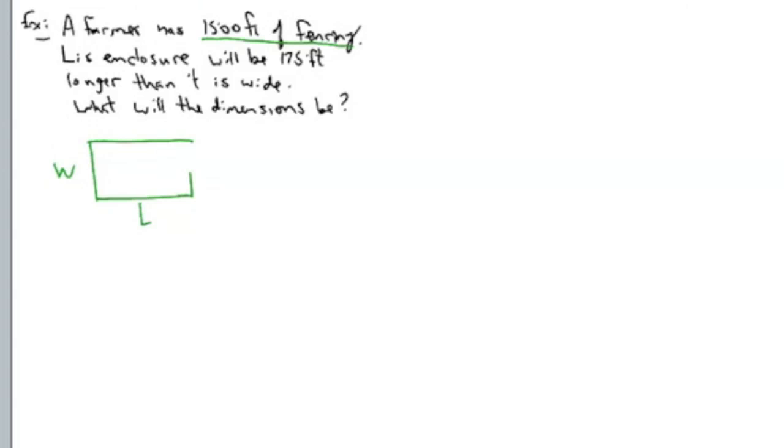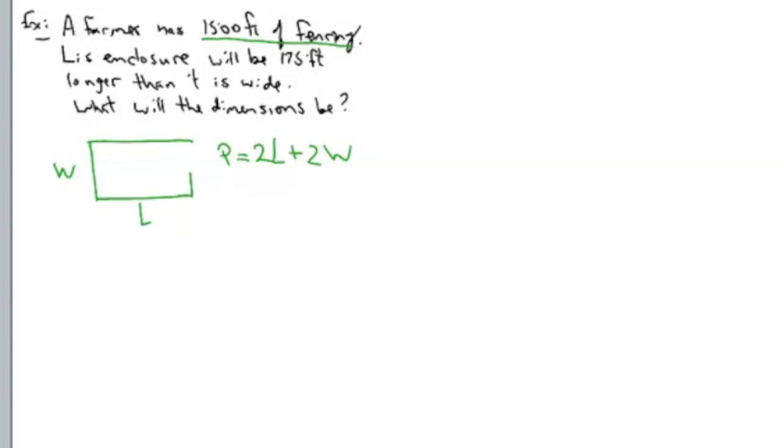I don't care which side you label length and width. The length does not have to necessarily be the longest side. It could be the shortest side. How do I find the perimeter of any object? Add up all the sides. So if this side is L, and the other side is exactly the same, this would be L and L, which is 2L plus 2W.